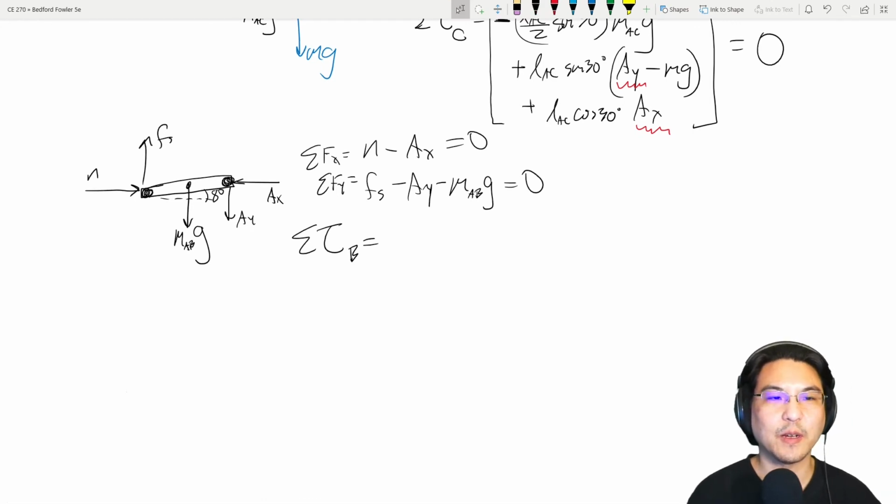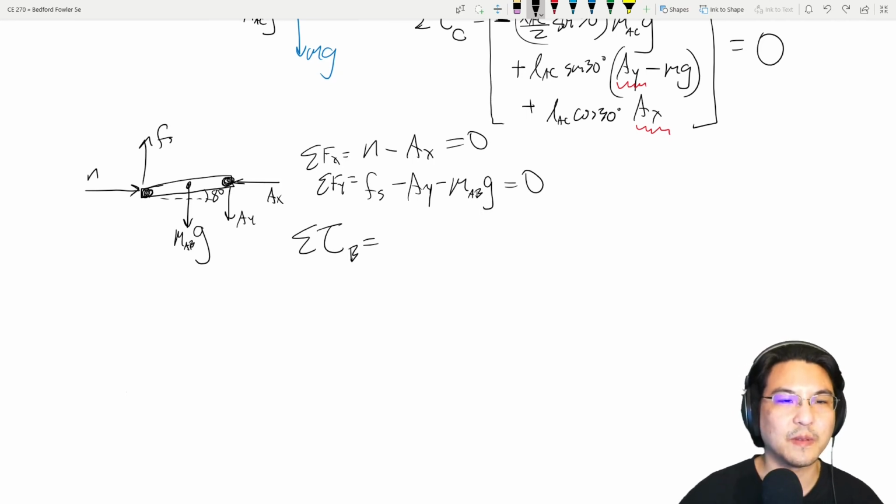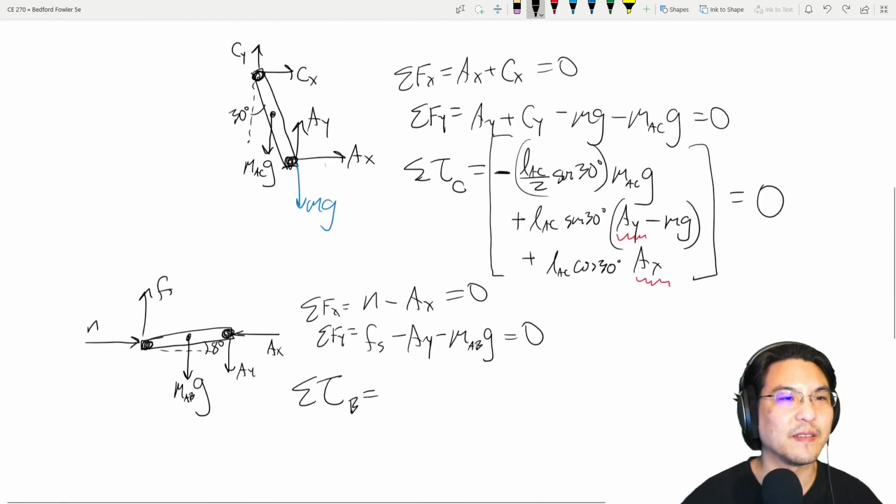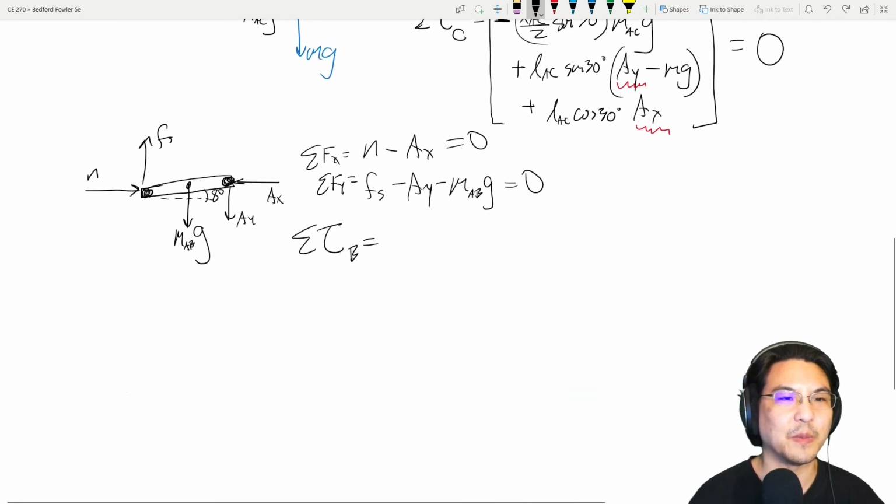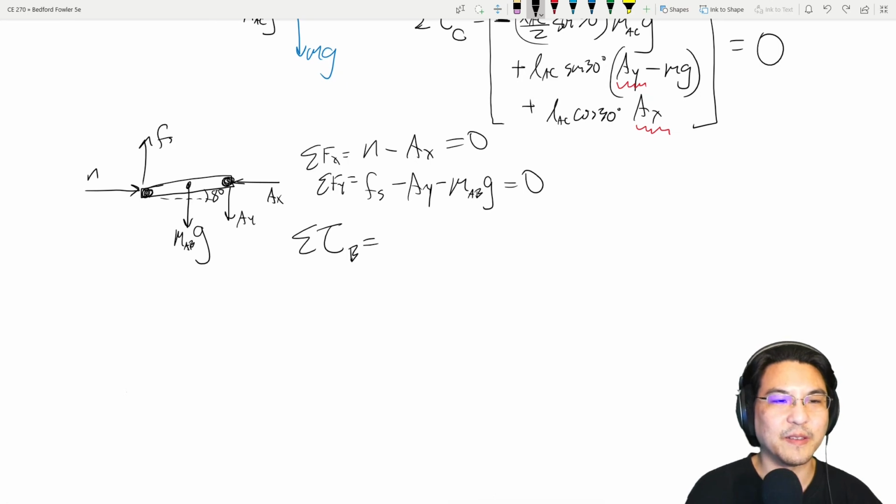So let's sum torque about point B, which is over here. Okay, and then let's see. So this bar was AB, right? Okay, so the length of this bar is LAB. So then from here to here is half.